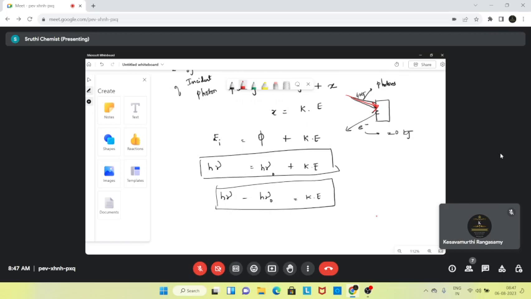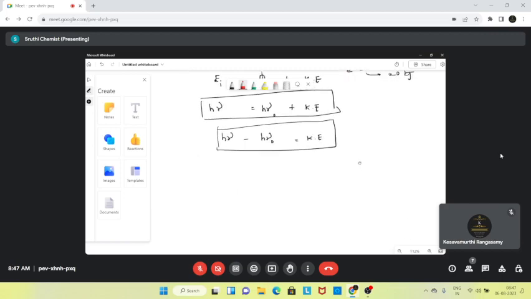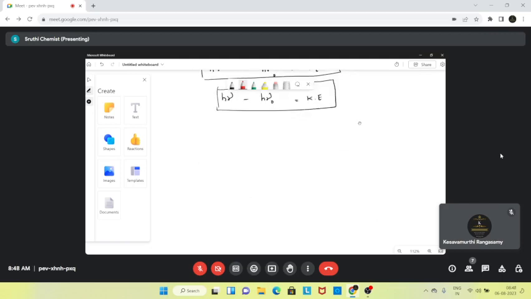There is no time lag. At the same time the electrons will eject from that particular surface. So it is a very spontaneous process. For the ejection of an electron, it will not take time. Immediately the electron comes out from the surface of the metal. Based on this formula we will solve one question.